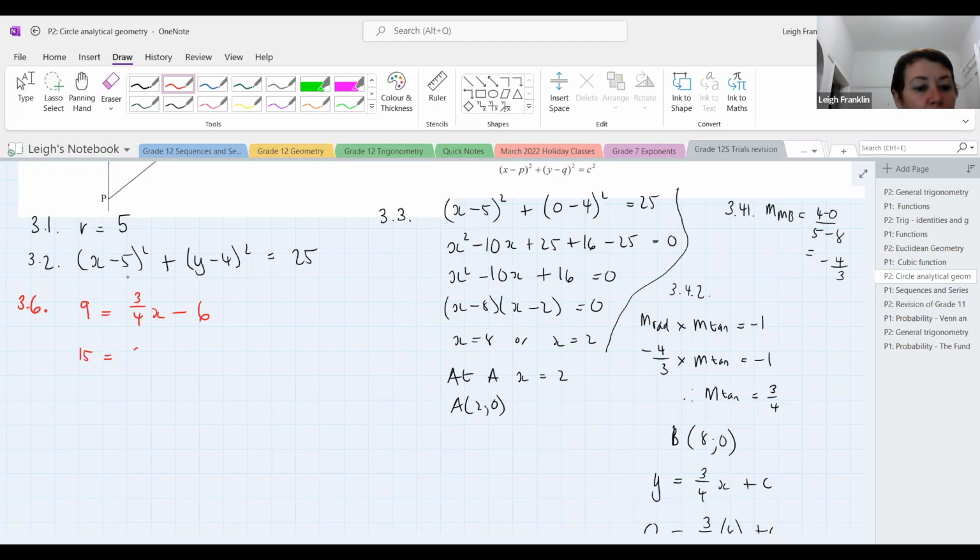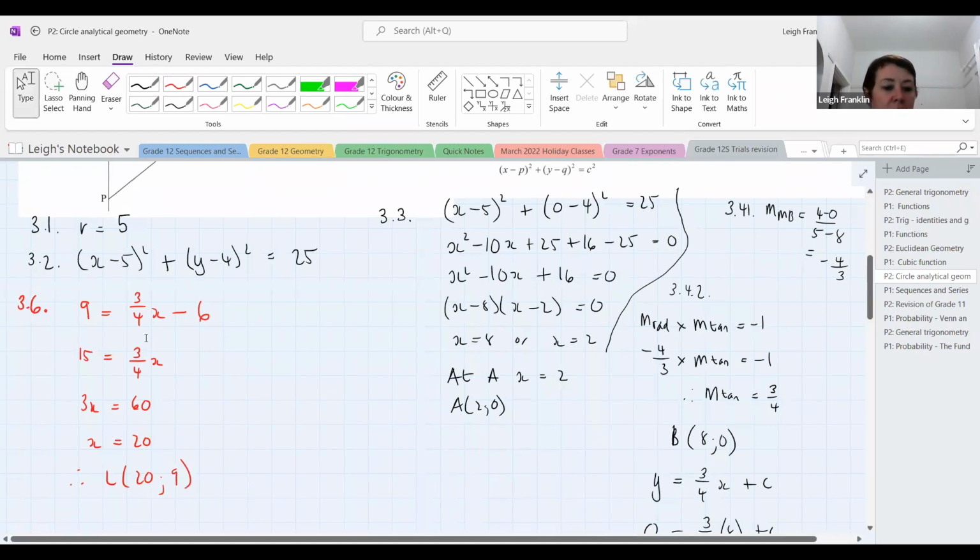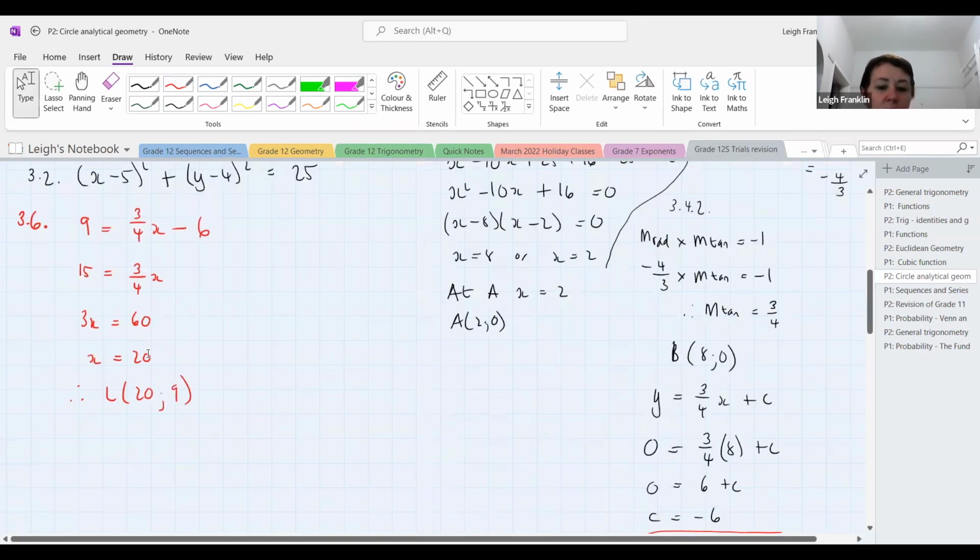So 15 would be equal to 3/4 x. And I'm going to cross multiply. That's going to give me 3x is equal to 60, and therefore x would be equal to 20. So that means the coordinates at L are going to be (20; 9). Everybody happy with that? Are we feeling good?